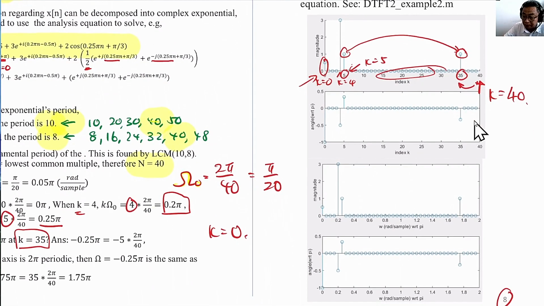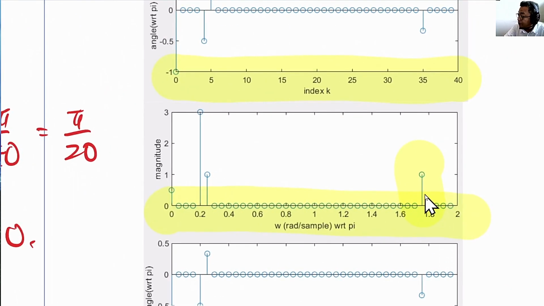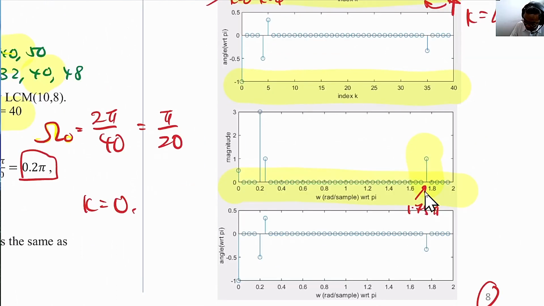Now, most of the time I will ask you to plot with respect to k as well as with respect to the real omega from 0 to 2 pi. So now we can see at this point it is exactly at 1.75 pi for this horizontal frequency, because one interval is pi over 20 equals 0.05 pi.